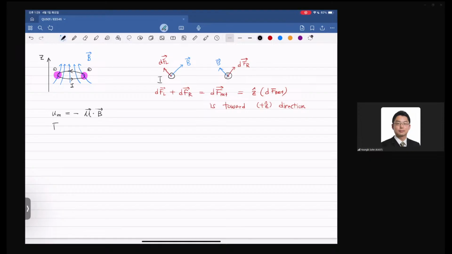So force is going to be minus the gradient of U_M, the magnetic potential energy. So you cancel out the minus signs, and mu dot B, okay? And then we're assuming a little bit here. We're assuming some sort of a system where the B field, the magnetic field, has X and Y components so small compared to Z that we'll ignore them here.